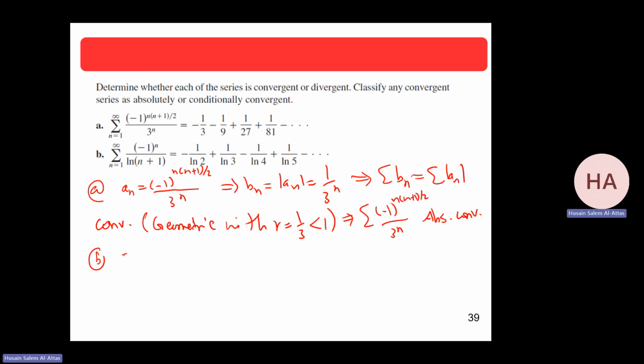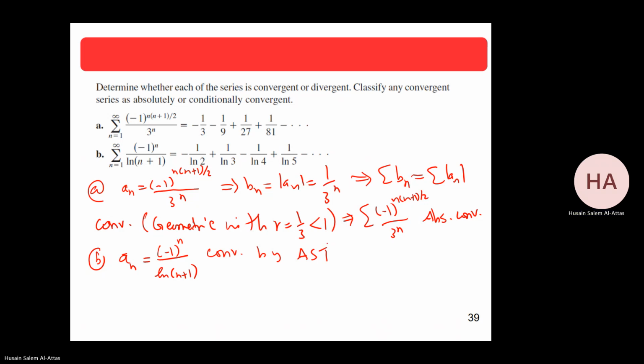Now part B: the summation, AN is minus 1 to the power n over ln of n plus 1. This one converges by the alternating series test.